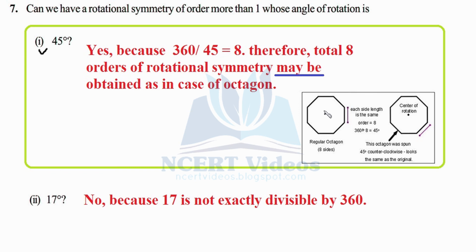So the angle at any fixed point, that is the complete angle, is 360 degrees, and if any given angle is a multiple or exactly divisible into 360, then only it can have rotational symmetry of order more than 1. Else, every object in this universe will have at least 1 order of symmetry. So that is your second part, and that completes your last question, question 7.